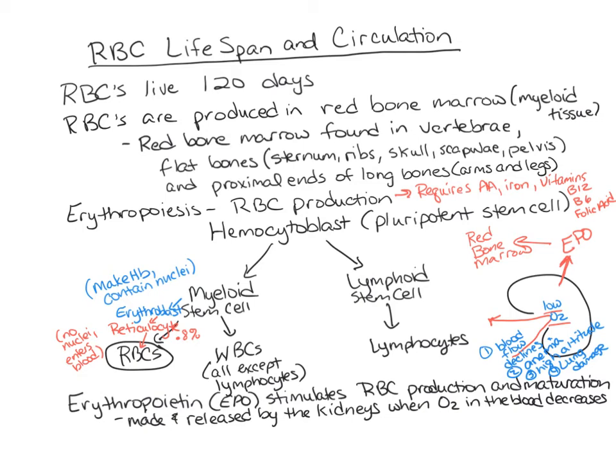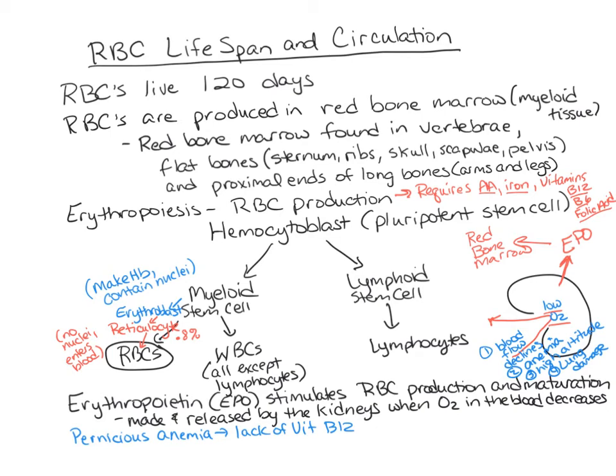Producing red blood cells requires amino acids, iron, and vitamins B12, B6, and folic acid. The amino acids are necessary to create the proteins or the polypeptides. The iron, we know, is at the center of the heme group. Pernicious anemia is a type of anemia where there is low red blood cell production due to a vitamin B12 deficiency.